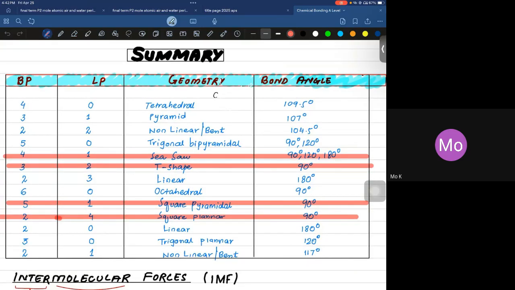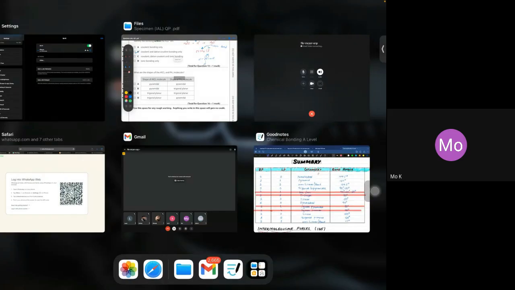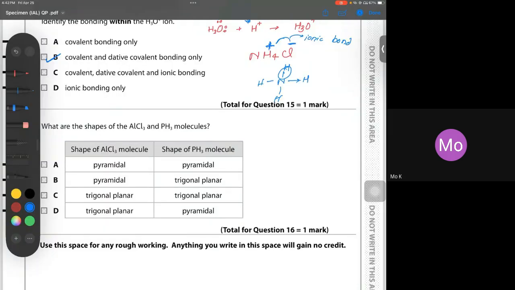So I'm going to check how many lone pairs and bond pairs are present in AlCl3. So I would say that in AlCl3 we have three bond pairs and zero lone pairs.